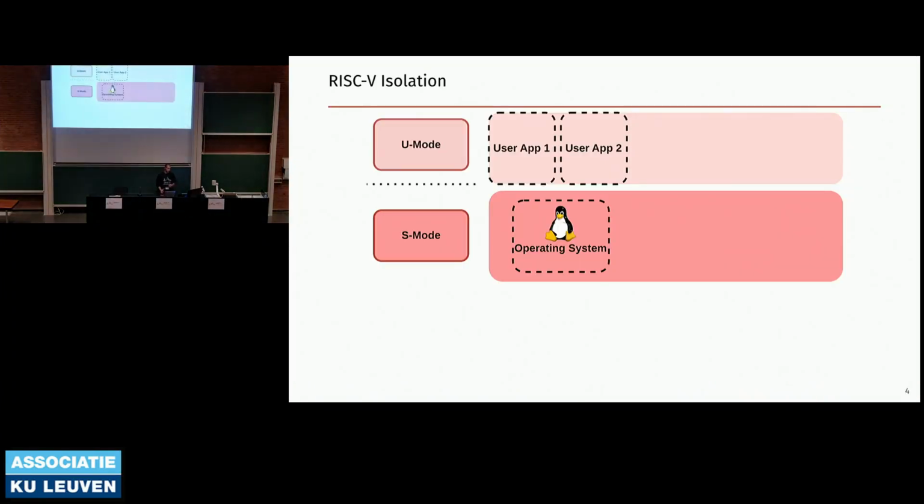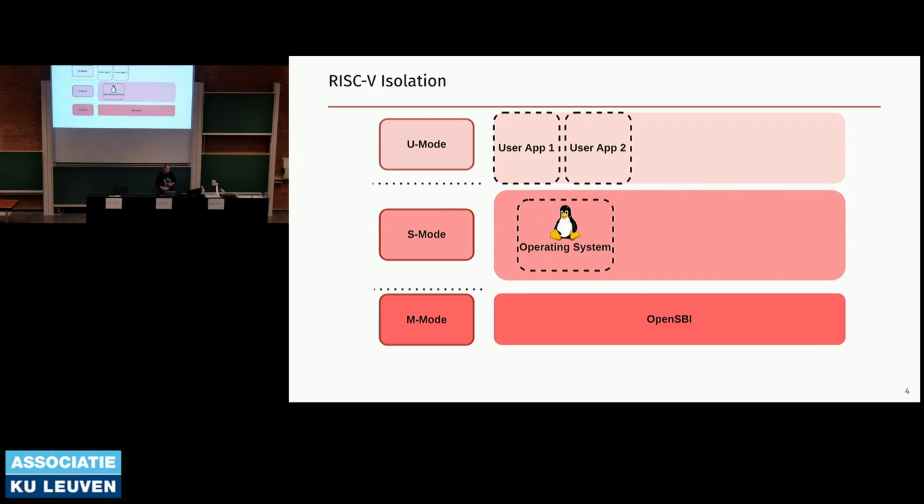So when we're talking about RISC-V isolation, we have three main modes: the user mode, the machine mode, and the supervisor mode. We also have hypervisors, but it's not in the scope of the talk. In user mode, we have the user applications, and we also have our operating system with the kernel that isolates these user applications. But we also have machine mode, the more privileged mode, where we have, for example, OpenSBI, which is a lightweight firmware.